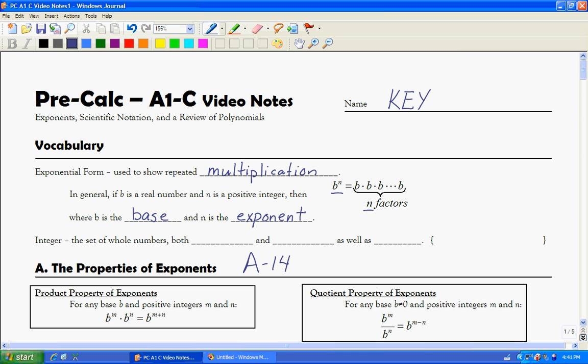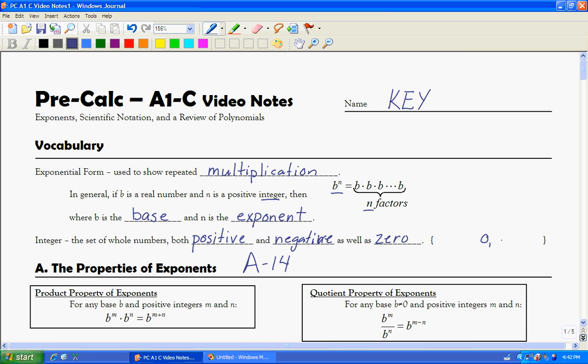Just another set of vocabulary for the word integer. Integer is a set of whole numbers, both positive and negative, as well as 0. So we have our set notation. Put 0 in the middle.